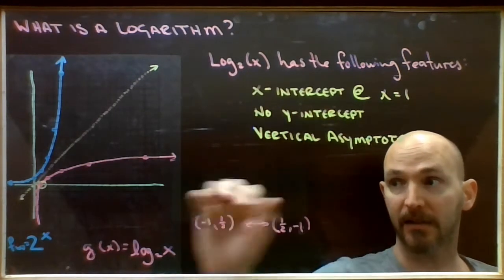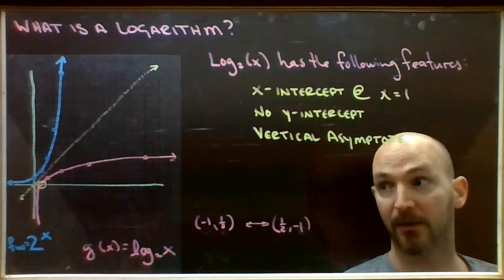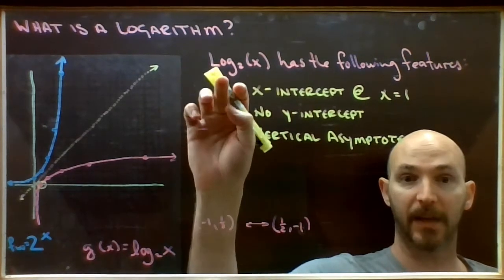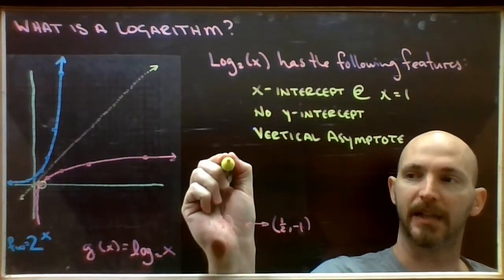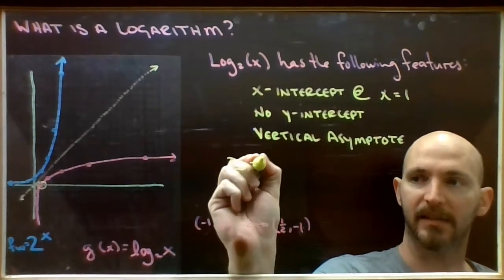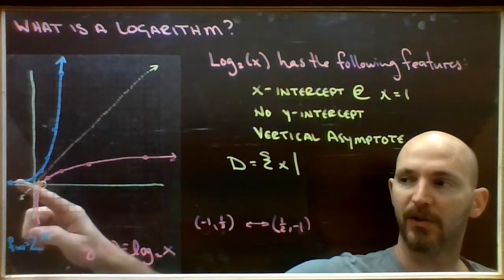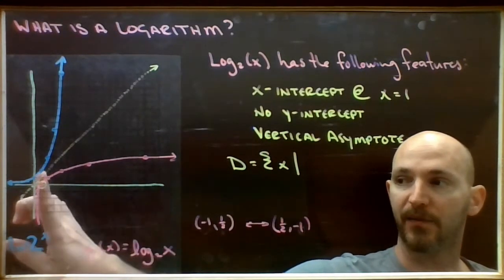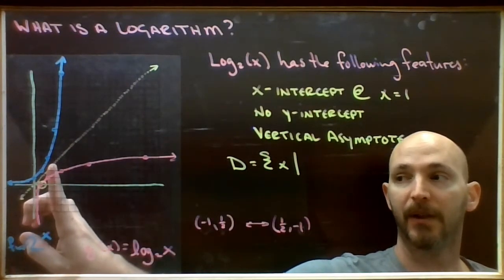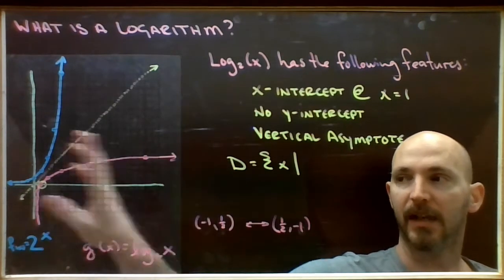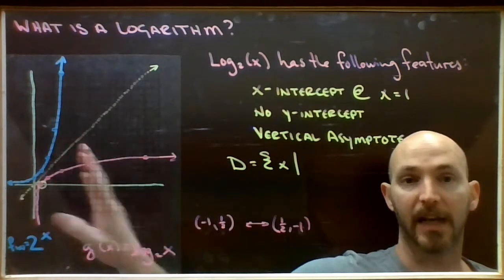So based on that, if I were to try and write the domain and range of this new function of log base 2, the domain is the set of all the x's such that, well, you notice looking along this axis, the function starts at 0 and goes this way, and there's nothing over in the negatives.